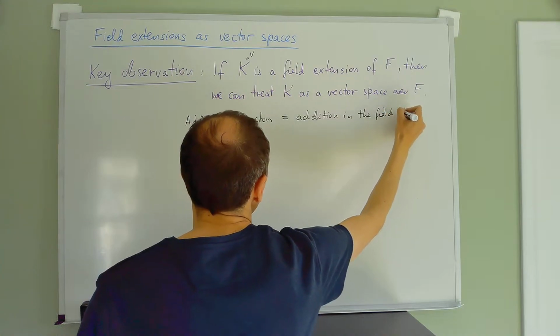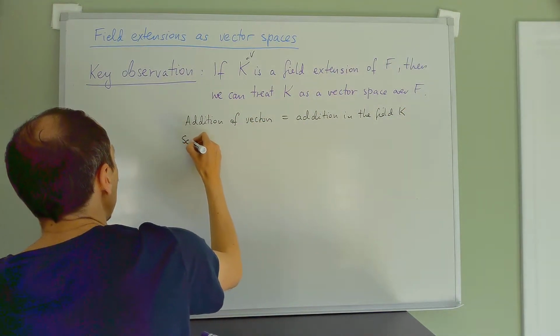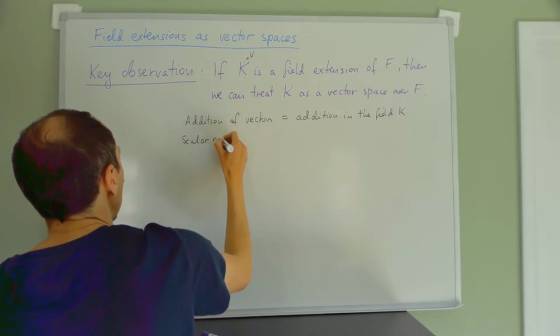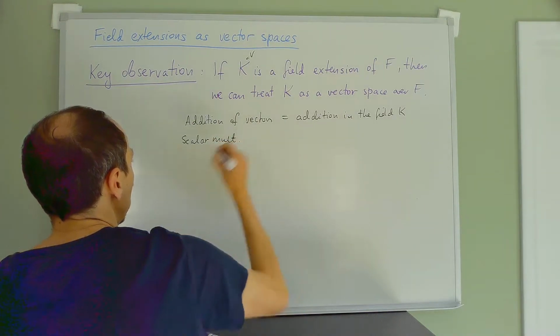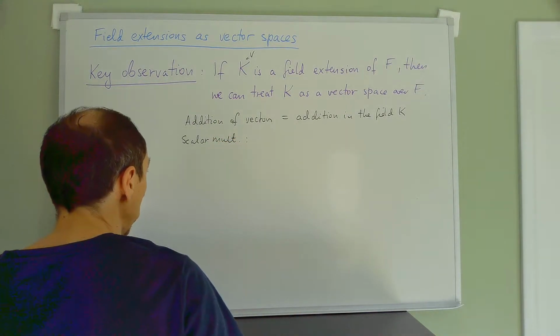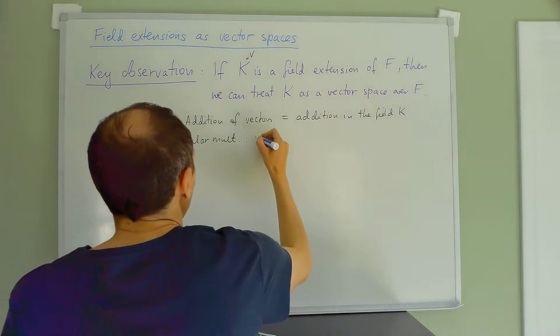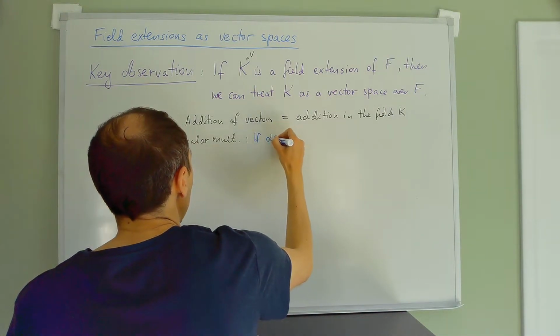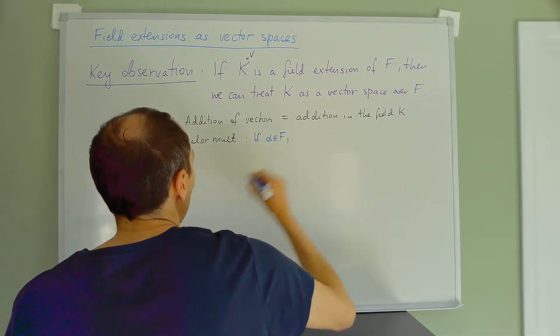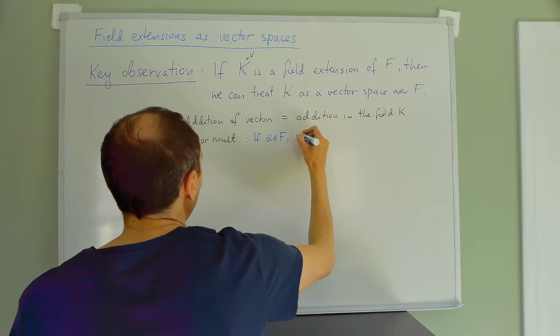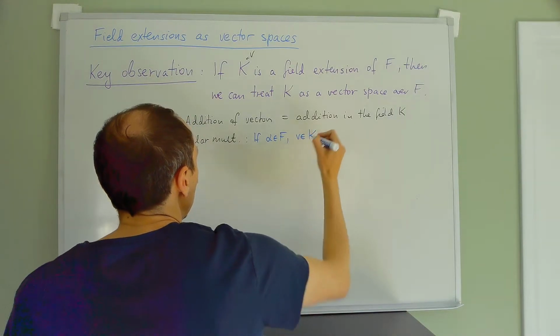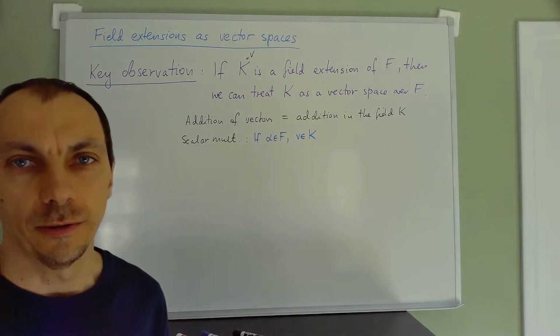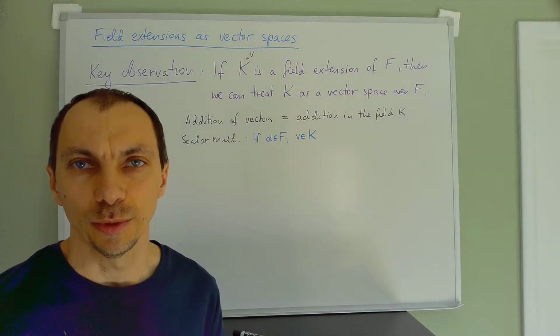Scalar multiplication, what do you do here? As I just explained, if alpha is in F, and then I'm going to write v. We never really write v for elements of fields. I would just write beta normally or something like that.